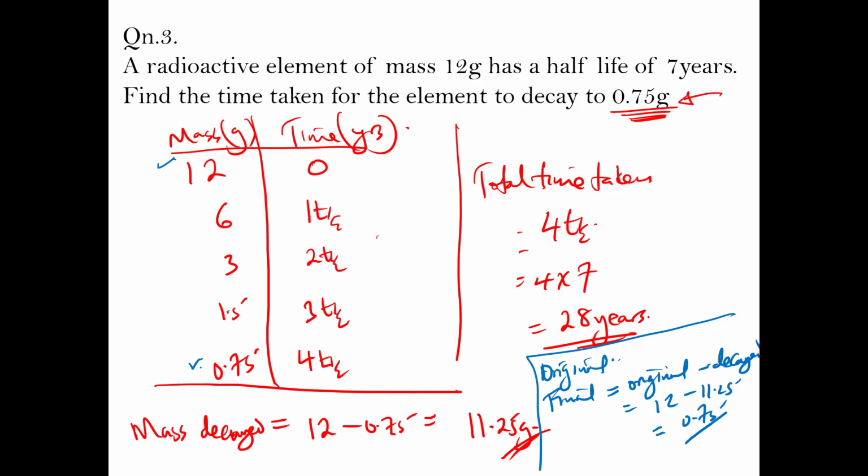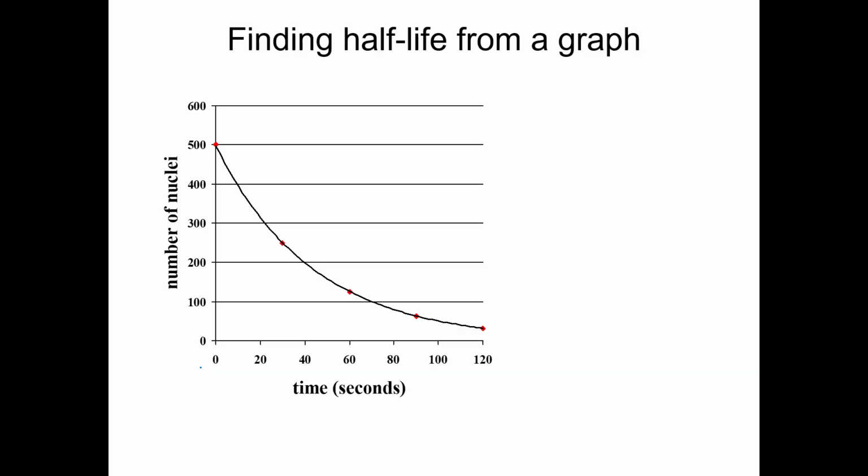Alternatively, we can have questions concerning the graph, and in this case, in case we've been given a graph like this, whereby you have the number of nuclei on the vertical, or you can have the mass on the vertical, and then on the horizontal, we have the time taken.